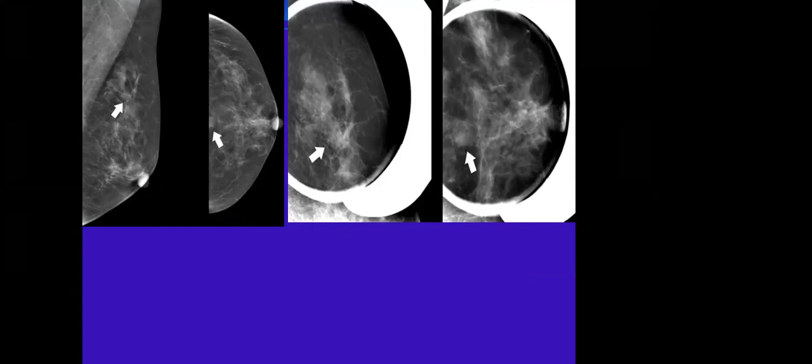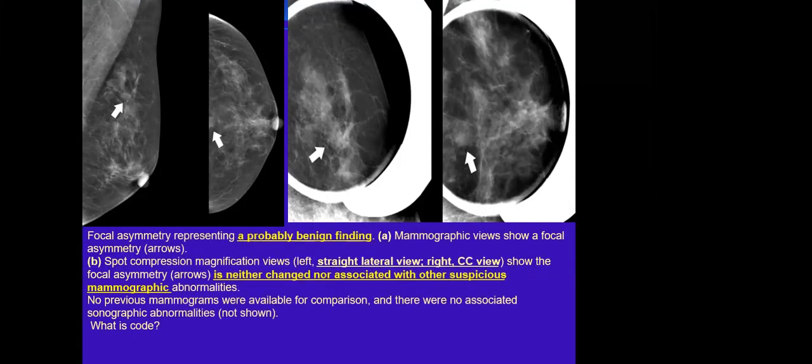Still, there is a focal area of added density, which is a focal asymmetry. So I need to go further with ultrasound to characterize it. So we are dealing with just a probably benign focal asymmetry. It neither changes nor dissociates. It persists, but still, it can just be an island of breast tissue.